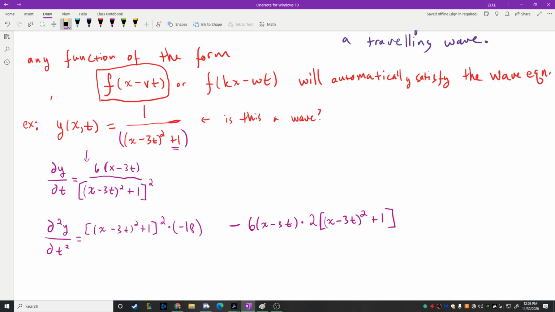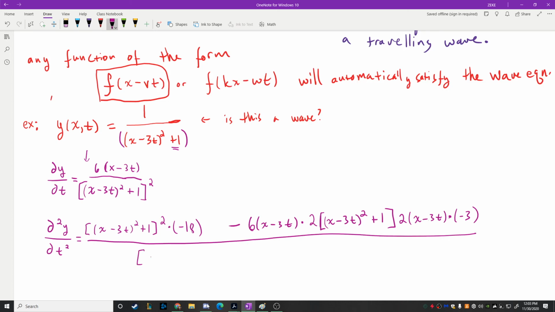Derivative of the bottom, 2 times this, and then we have to multiply the derivative of the inside, which is going to be 2 times this, times -3. And we need to square the denominator, right?